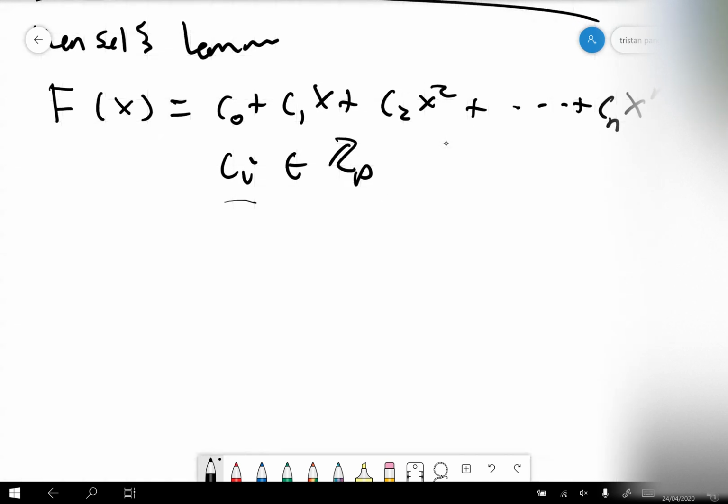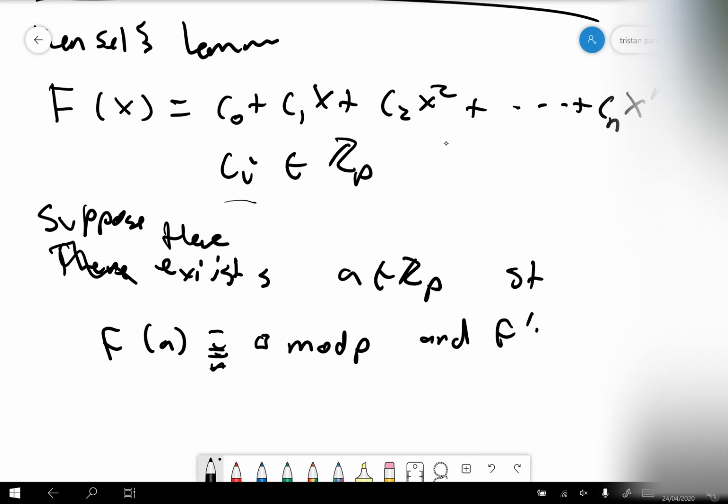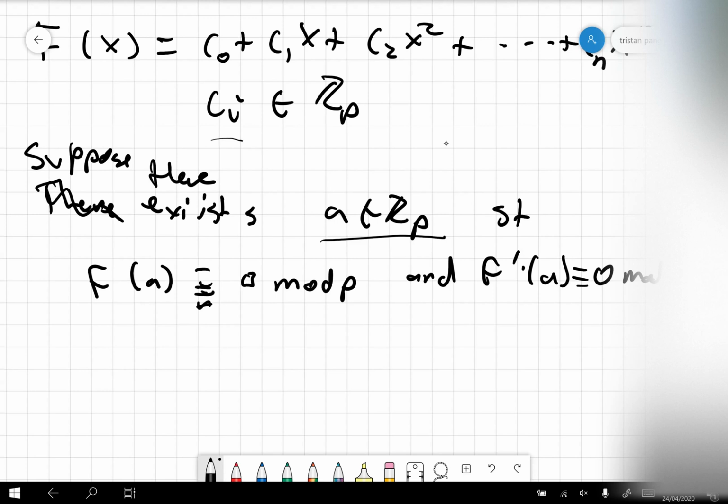And Hensel's lemma states that, suppose there exists a value a in the P-Adics such that f of a is 0 mod p and f prime of a is non-zero, so the derivative is non-zero.